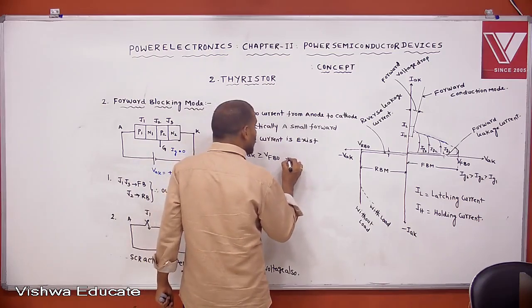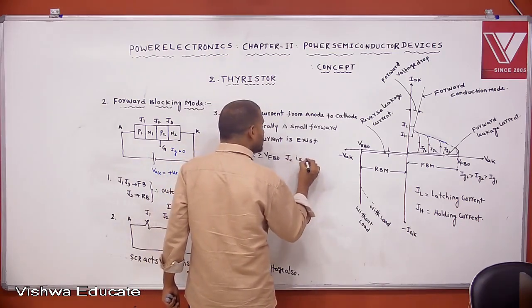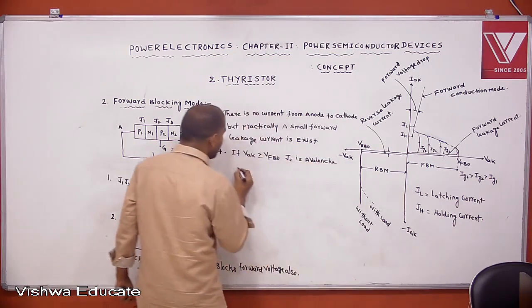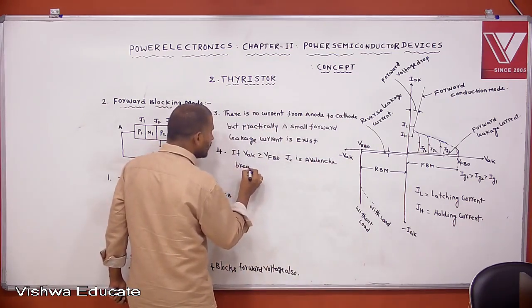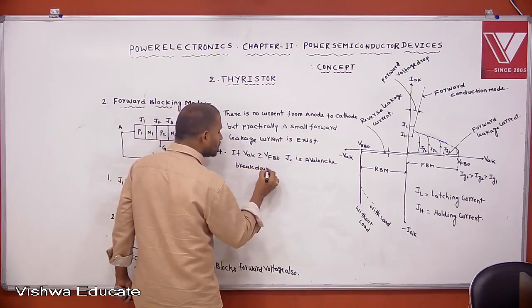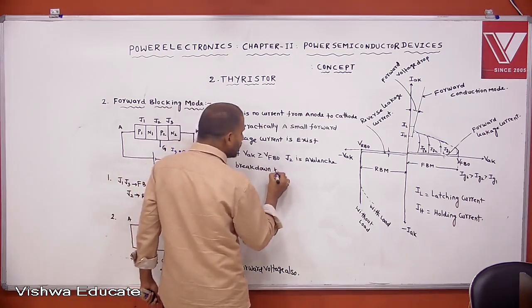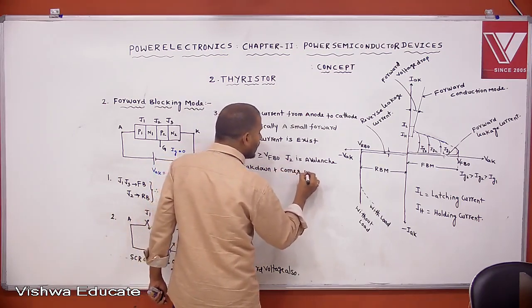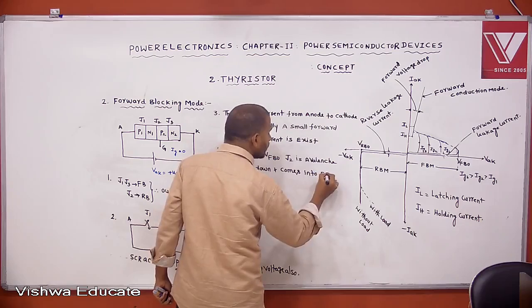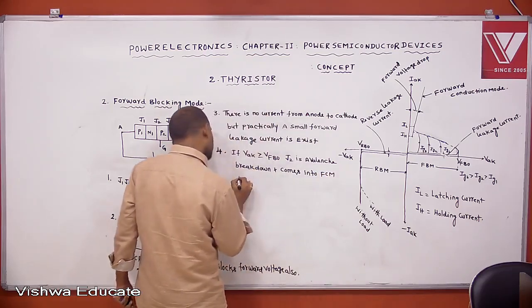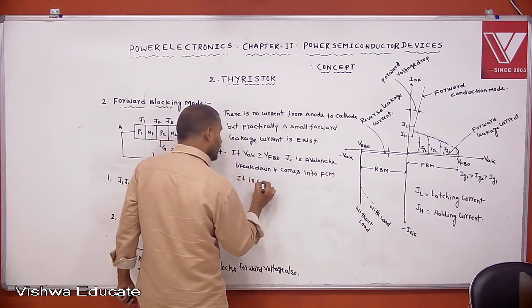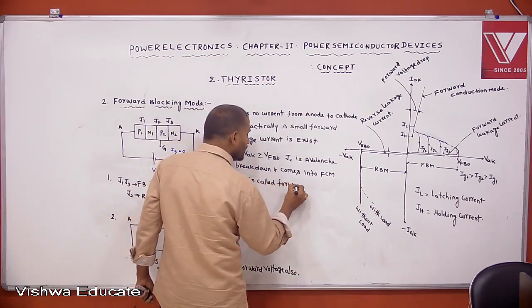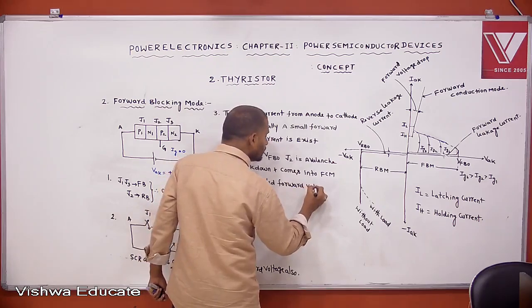J2 is in avalanche breakdown and the SCR comes into forward conduction mode. It is called forward voltage triggering.